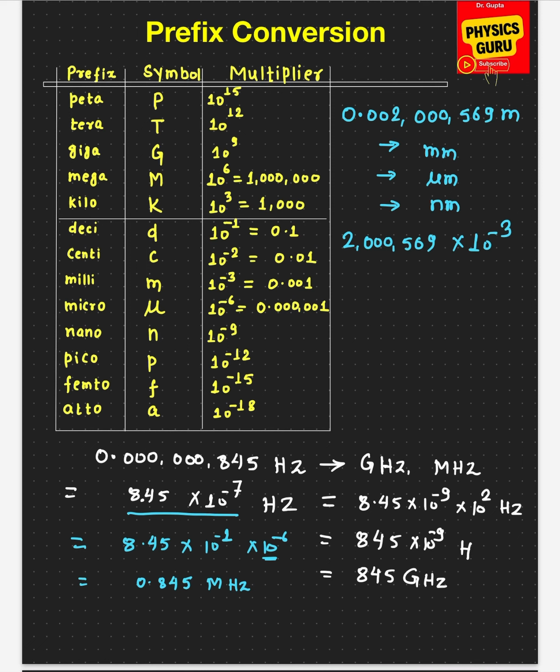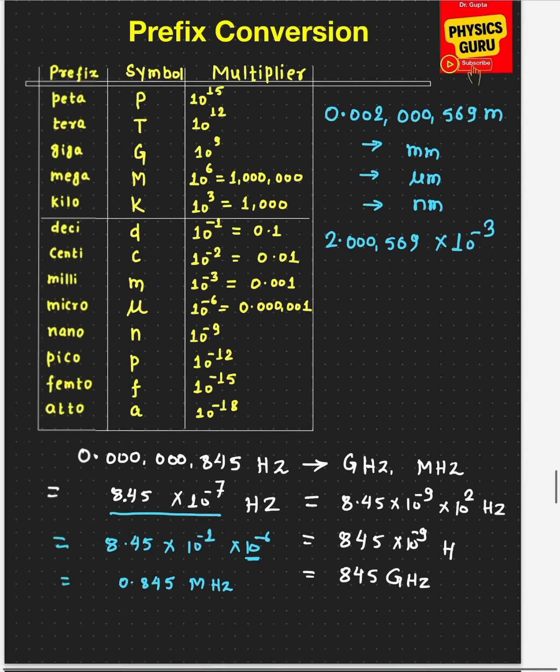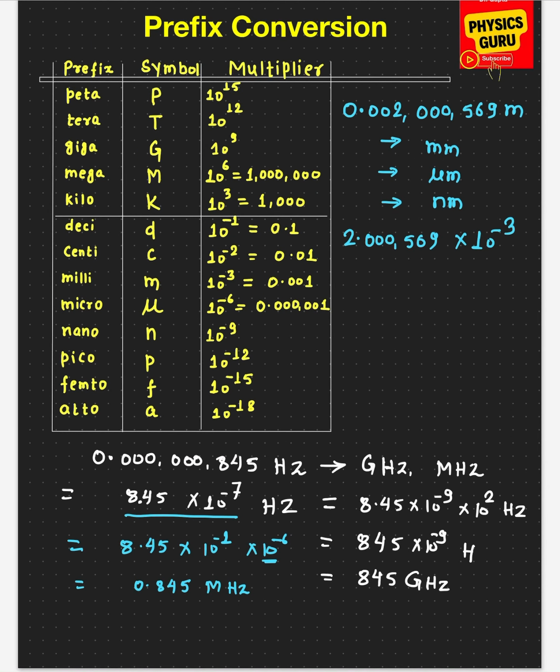But do not forget to add the decimal here. If you do not put the decimal, that's wrong. So that is my meter now in terms of scientific notation. So how do I do that? First, again, consider this one as a 1 number here. That's what I wrote. And then how many zeros do I have? 1, 2, 3.